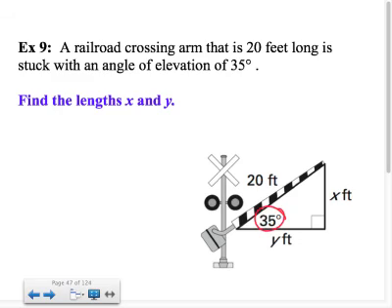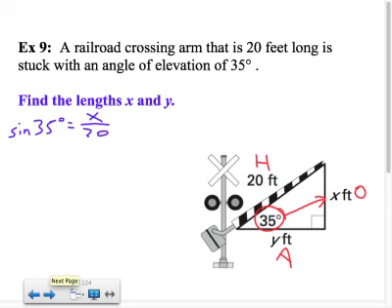So if that's 35, okay, we'll do this one together just to kind of wrap things up here. So if that's 35 and I want to find x, that's the opposite, that's the adjacent, that's the hypotenuse. Okay, so if you want to set up 2 separate equations right now to solve for x and y, you can. So if I want to solve for x first, that's opposite hypotenuse, that's sine 35 equals opposite over hypotenuse.